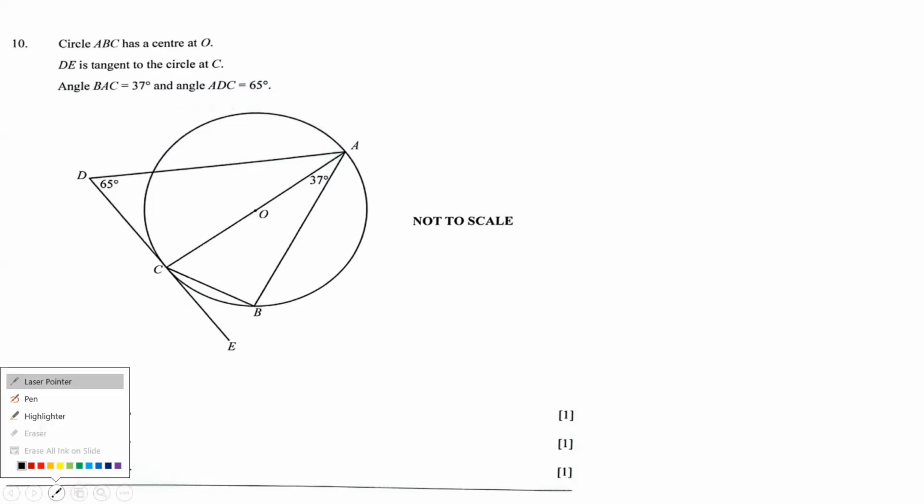Now for this one, notice that they want us to figure out angle ABC. Now when they say angle ABC, they're actually referring to the one in the middle, angle B. But they give us these letters to know which triangle they're talking about.